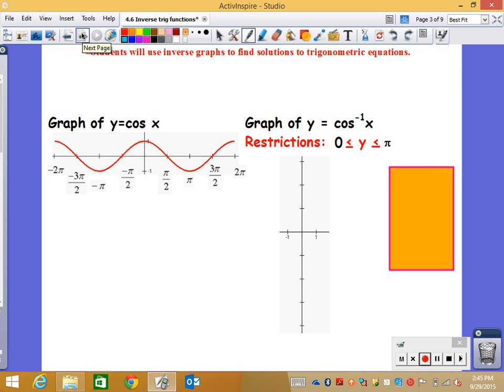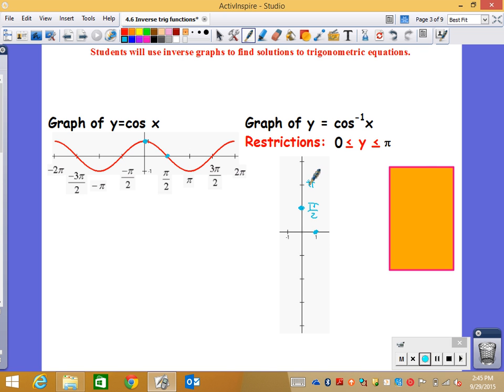Well, what about cosine? Let's do the exact same thing. My cosine graph is given, so we're going to flip-flop points here. At the point 0, my y value is 1, so my x value is 1 and my y value is 0. At pi over 2, the y value is 0, so I have my point there.